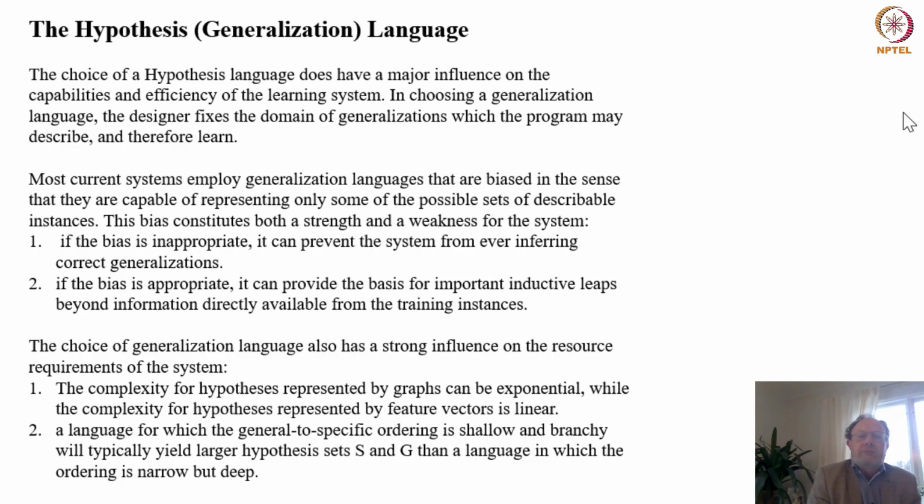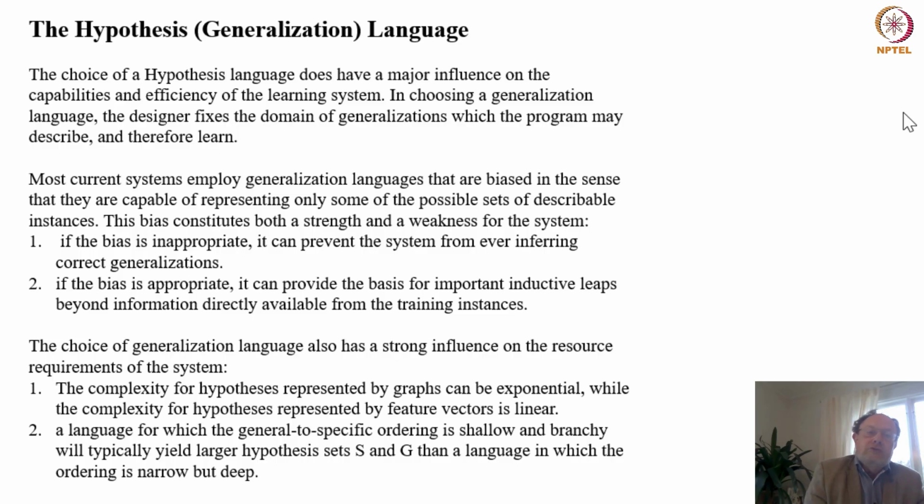The choice of the hypothesis language has a major influence on the capability and efficiency of the learning system. By choosing a generalization language, you fixate the domain of generalization which a program can describe and therefore learn.